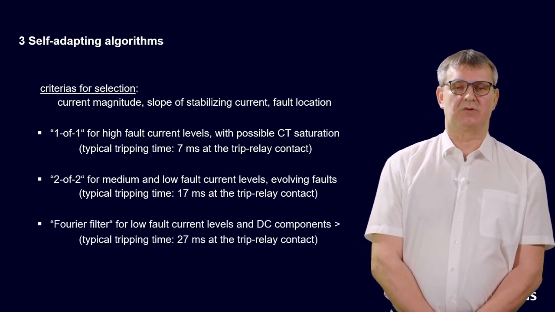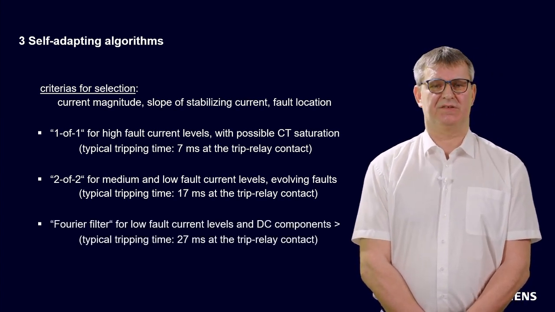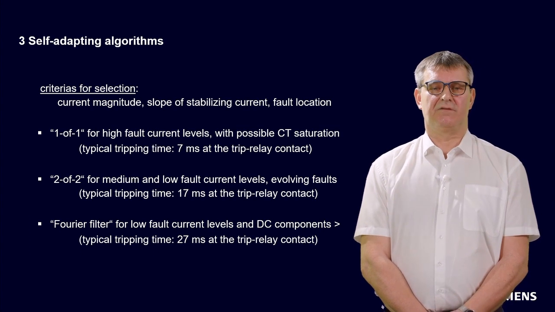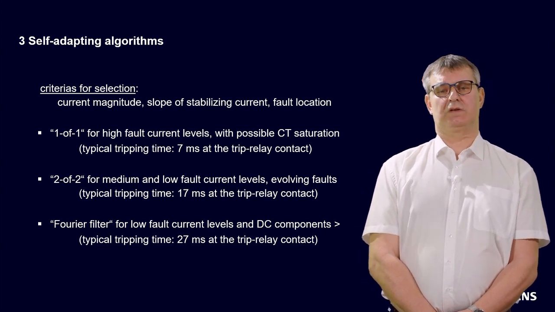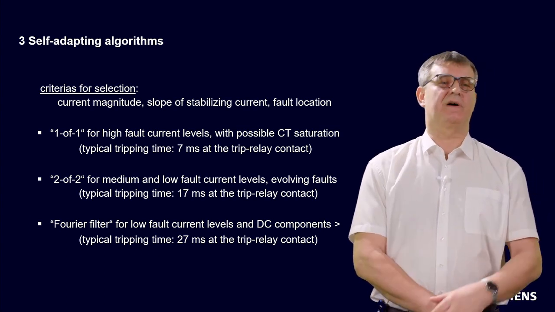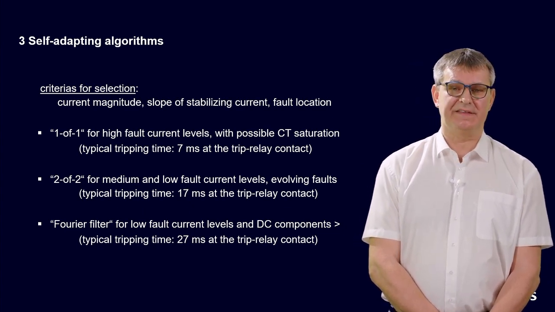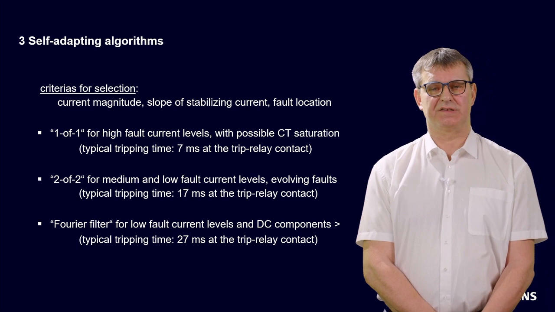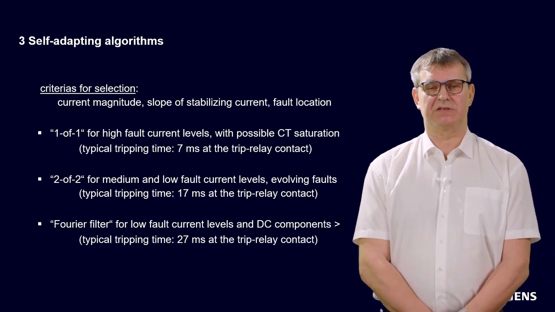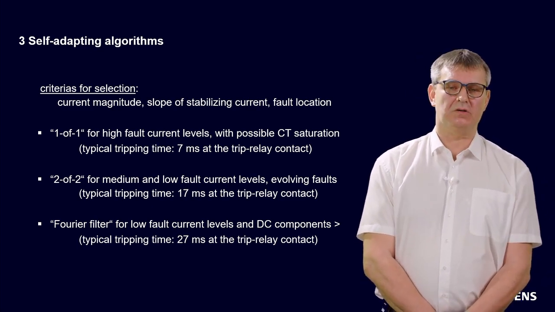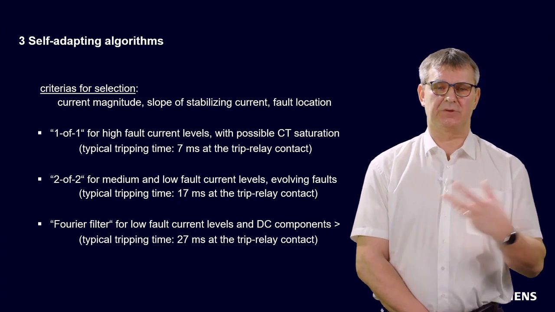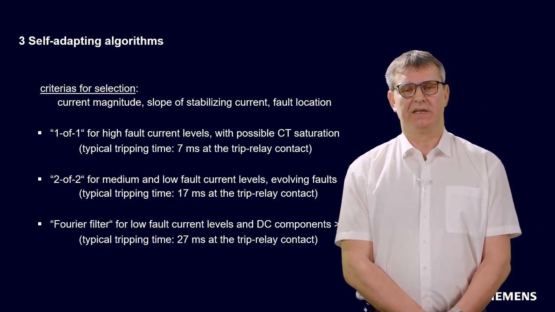And last but not least, for very special fault conditions, for really very low fault levels, a little bit above the differential current threshold, and with high DC offset, with high DC components, we have the filter algorithm. Here it is quite slow, 27 milliseconds, centralized busbar protection, and so on.